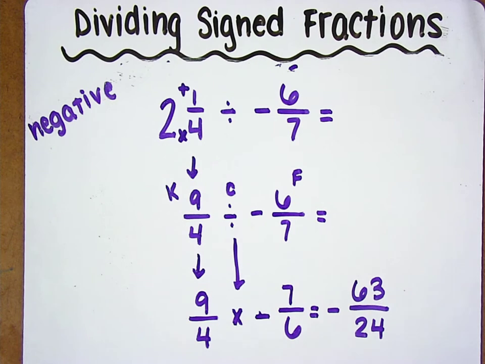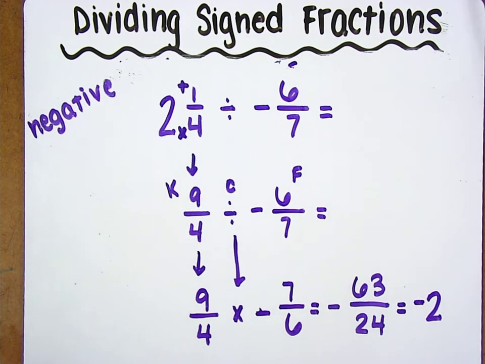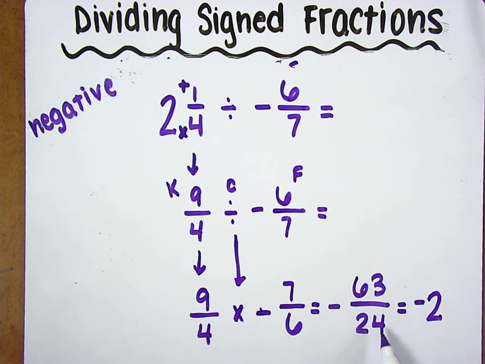And of course we're not finished because we do need to simplify and make sure that our improper fraction is turned back into a mixed number. So let's think. How many times does 24 go into 63? I know that it goes in 2 whole times, and again, keeping my answer negative. 24 times 2 is 48. So I have now taken 48 of these 63 things and made 2 whole groups with them.